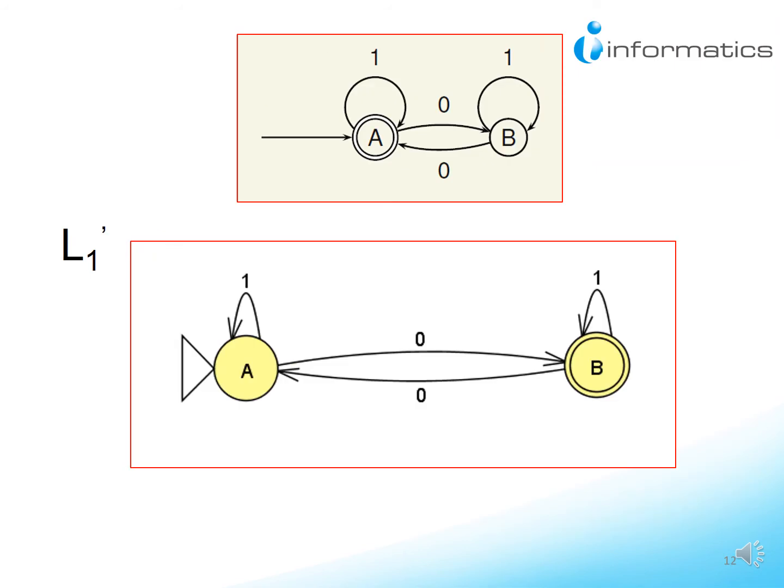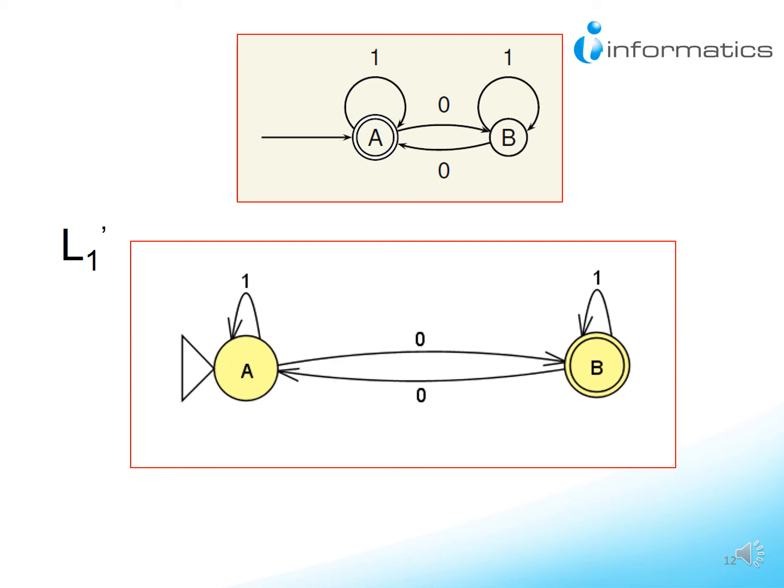Given L1, which is recognized by machine M1, we can easily construct a machine that recognizes L1 prime, which is the complement of L1, by changing the final states. For example, in the first machine, A is the final state and B is the non-final state. We swap them.